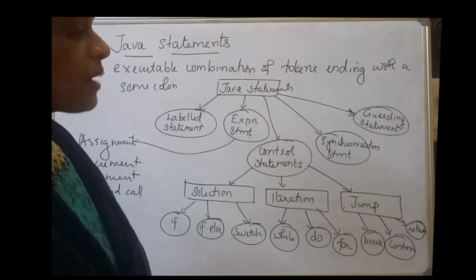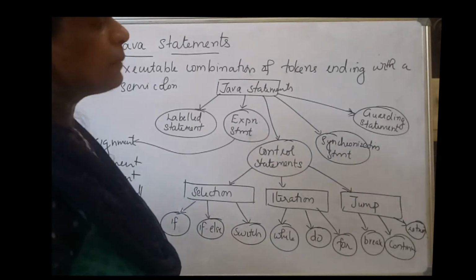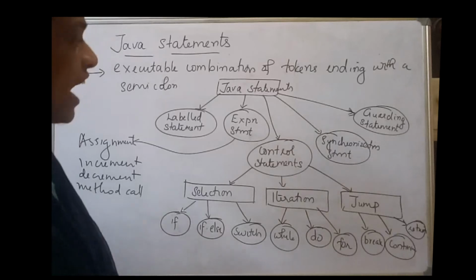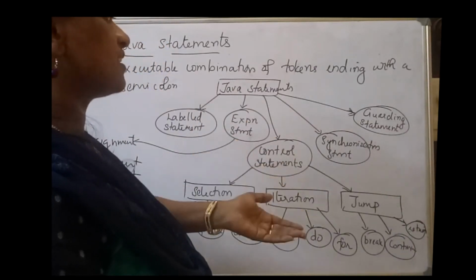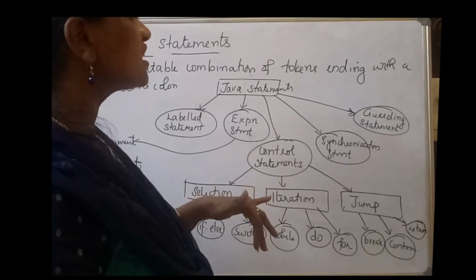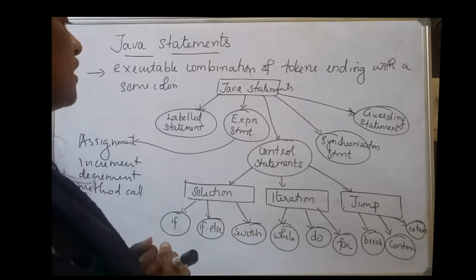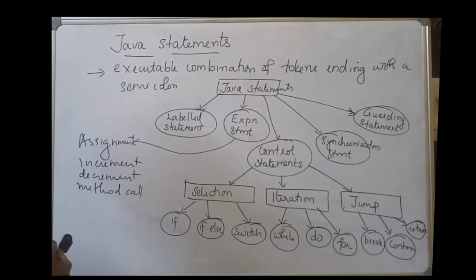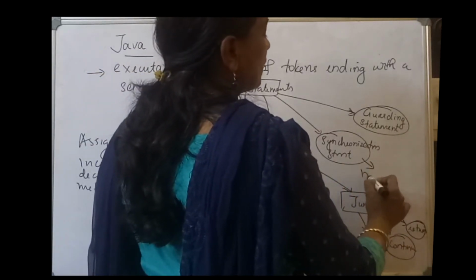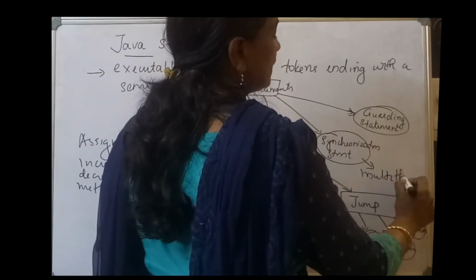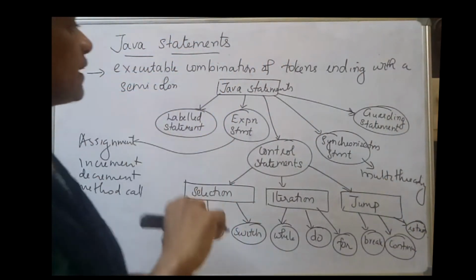It means there are multiple threads of execution, that is, we can create multiple threads in Java, and when multiple threads are executed they can run in parallel, and in some cases we may need to synchronize the execution of such statements. The statements used for that are usually called synchronization statements. When we study multi-threading we will see it in detail. So this is usually used for solving the issues of multi-threading.